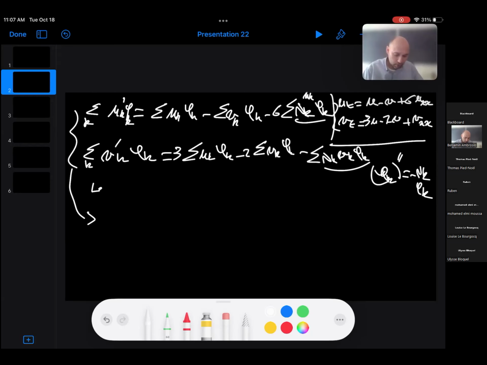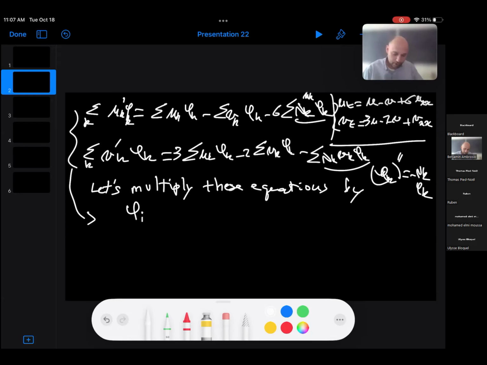So let's multiply these equations by, let's say, phi_i and integrate between 0 and 1.